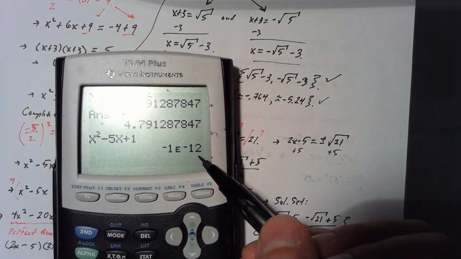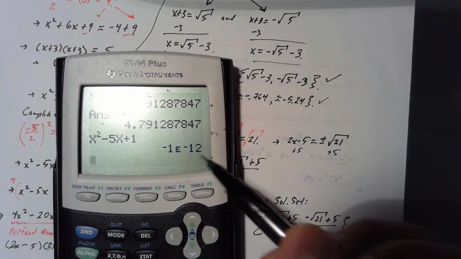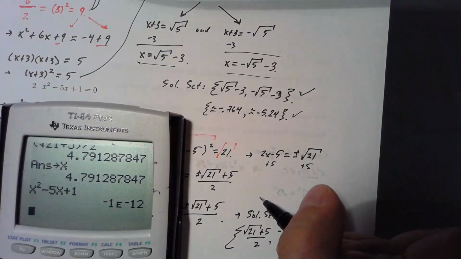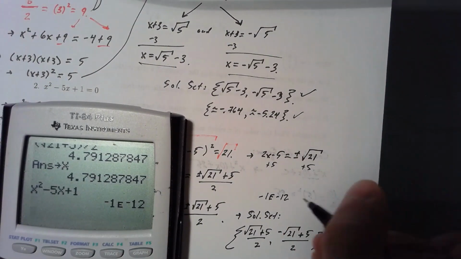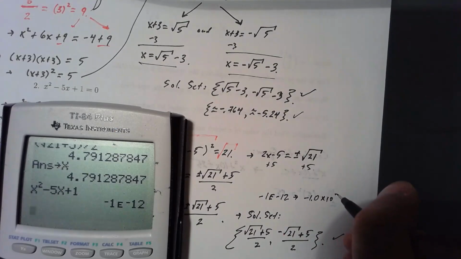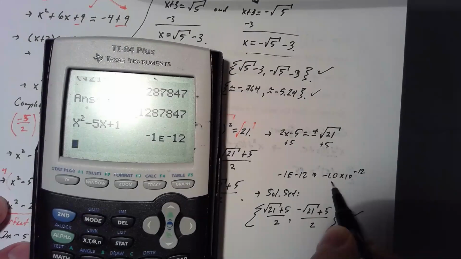Yeah, you didn't get 0 here, but you know what this is? This is scientific notation. What this means is, if I were to write that, that's calculator language for negative 1 times 10 to the negative 12th power. That means this decimal point is moved to the left 12 times.